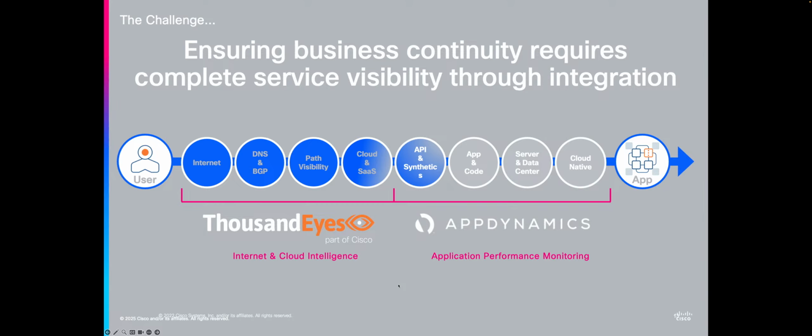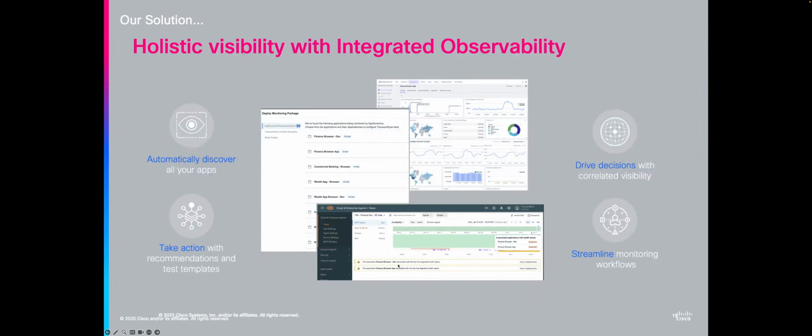And that's exactly what we've done with the integration between Splunk AppDynamics and ThousandEyes. So now imagine getting holistic visibility of your networking integrated with your observability. So your application observability, or infrastructure visibility, or database visibility, whichever one or all that you're concerned with.